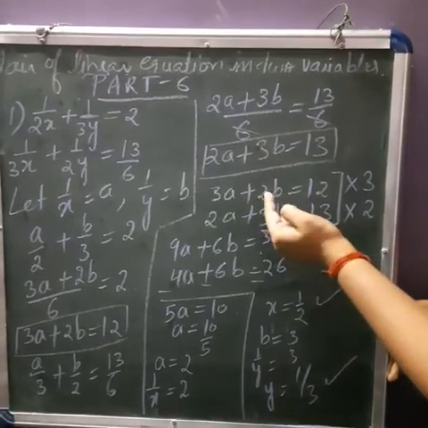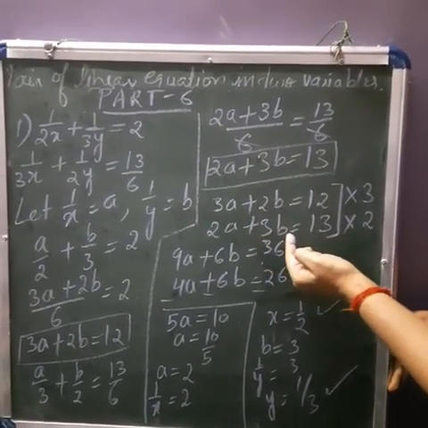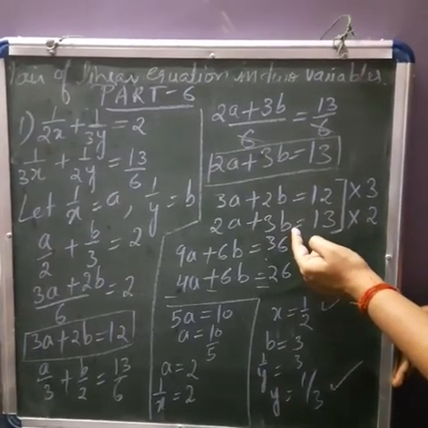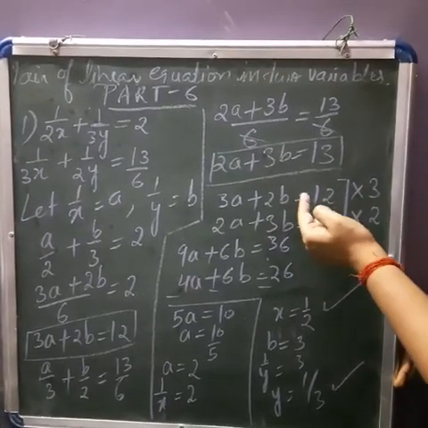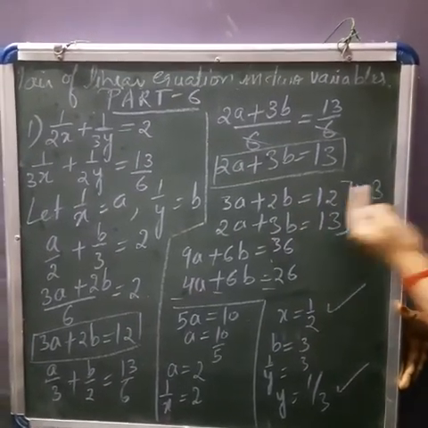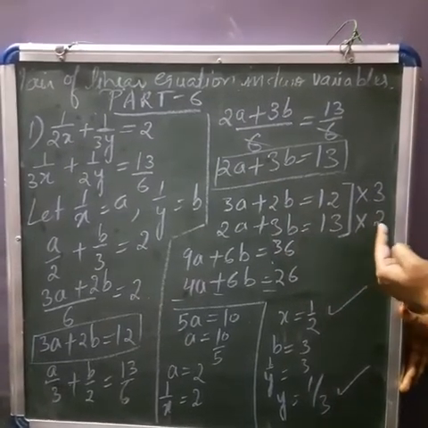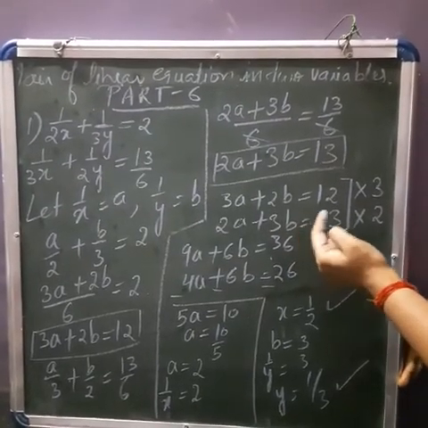So the coefficient of b is 2b in equation number 1, and here we have 3b. By which number should we multiply to equate the coefficient of b? Equation number 1 will be multiplied by 3, it will be 6b, and equation number 2 will be multiplied by 2 to get 6b over here.